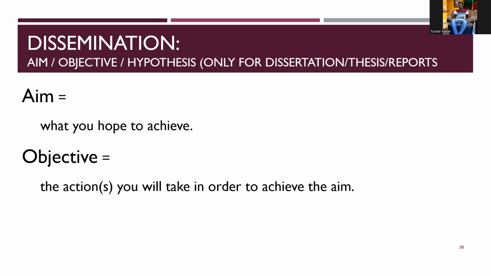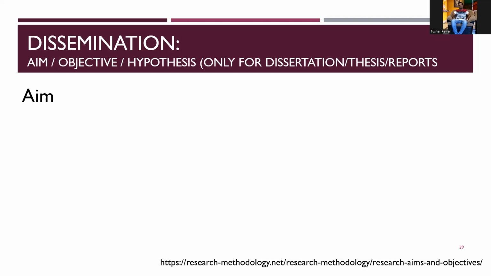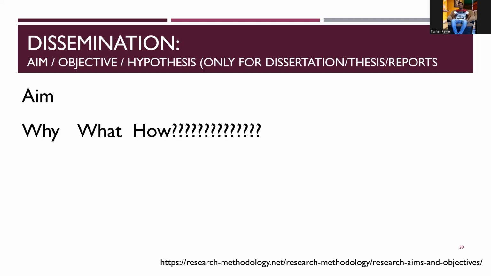And objectives are the milestones, the actions you need to take in order to achieve your aim. These are actually the specific statements that define measurable outcomes. So here is the example.